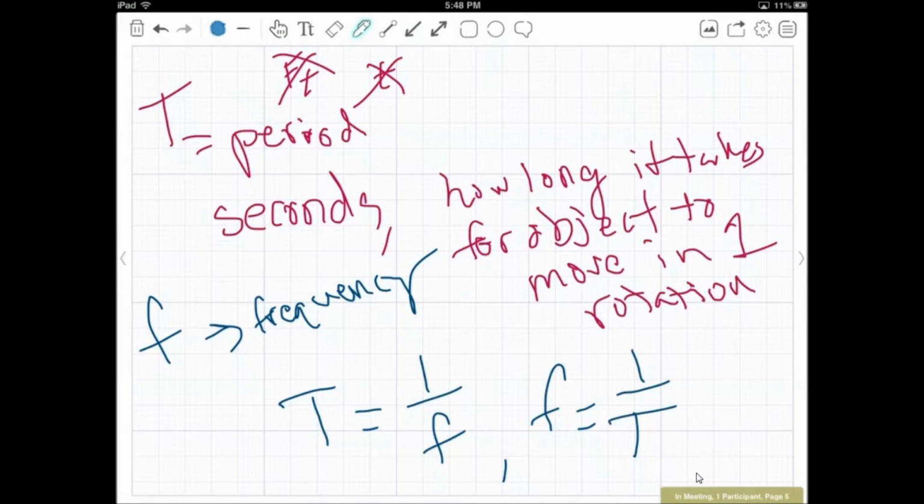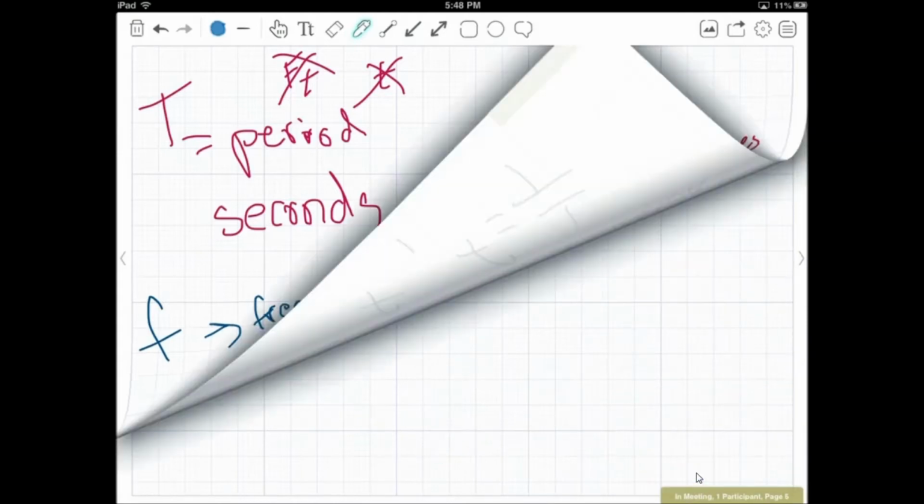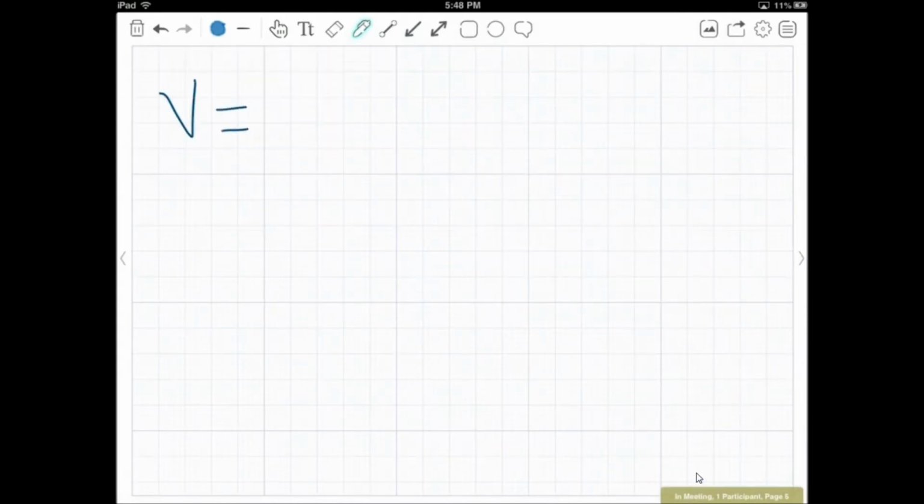The way that we talk about frequency, it becomes more important with waves later, is that's the distance it travels in 1 second, whereas period is how long it takes to make one repetition of motion, in this case 1 circle.